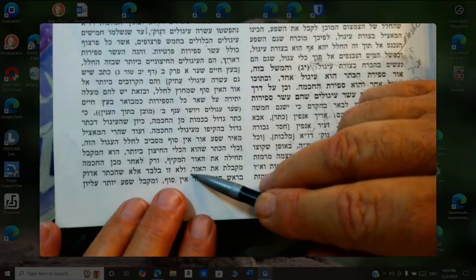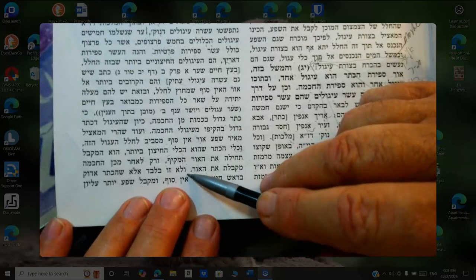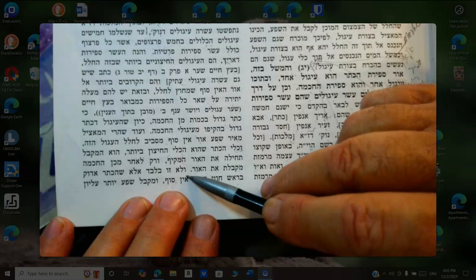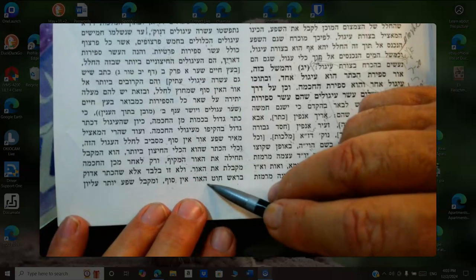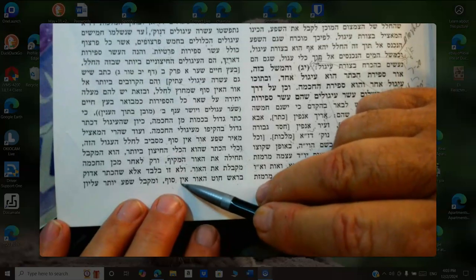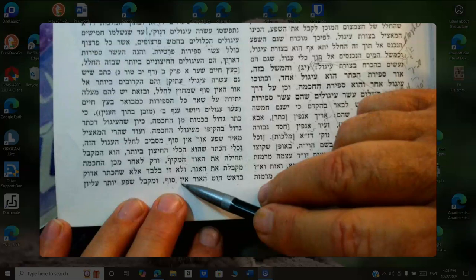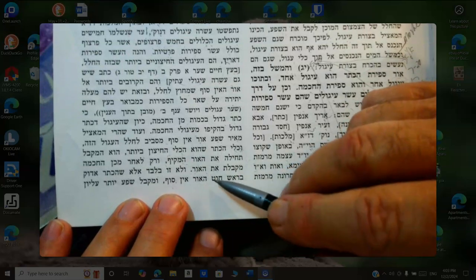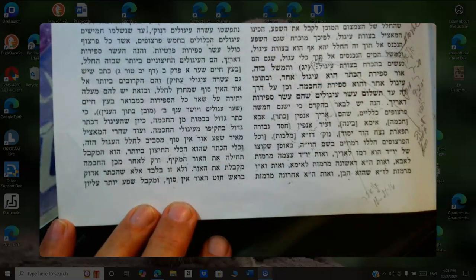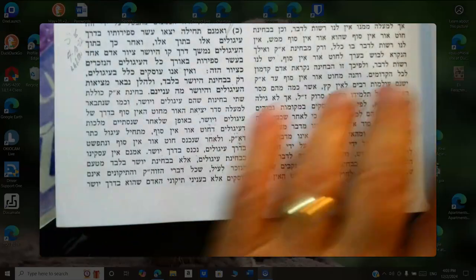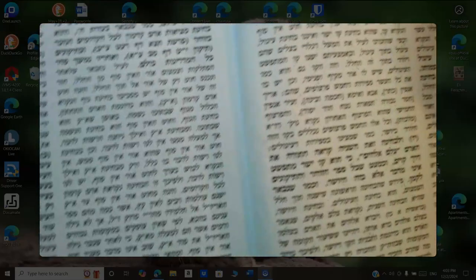Only after the light passes through the keser does it approach the parts of the chachma. Aduk means connected. Yeah, good. Clinging to. So it is connected or clinging to the top of the chut of the Ein Sof. Umakabel shefa yeser elyon min hachachma.